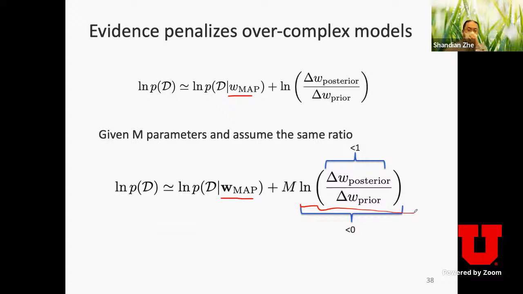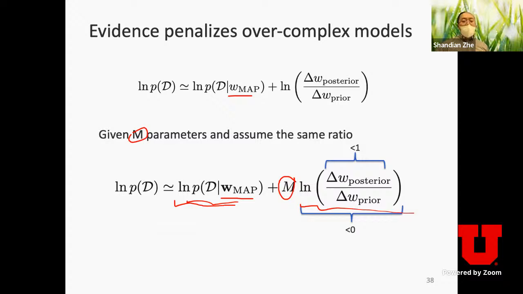How can we see this point? Imagine you have a complicated model, meaning that you have a large m, like a neural network containing 1 million parameters. So you can expect that given the MAP estimation of the neural network parameters, this log likelihood of the data will be quite large because it fits the data very well. At the same time, because of the large m here, remember this is a negative number.